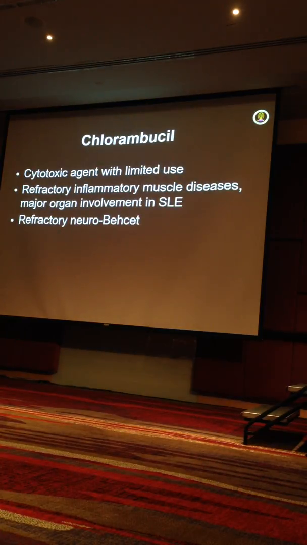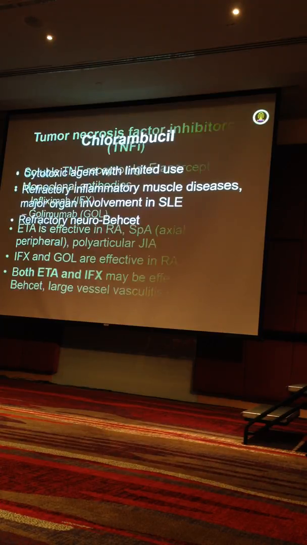Chlorambucil is the very old and toxic one, so we use it very rarely, but in some cases that cannot be reimbursed for TNF inhibitors, it can be used in neuro-Behçet's or some severe or refractory conditions.